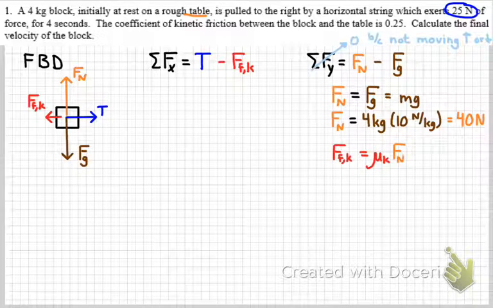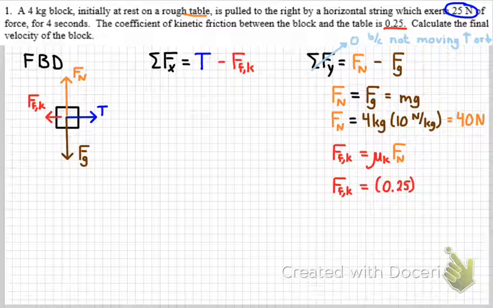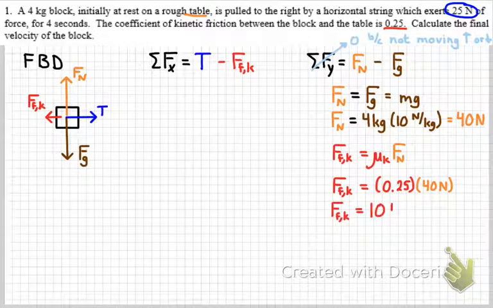That's important because I know that the force of friction is equal to mu, the coefficient of friction, times the normal force. And so multiplying the 0.25 by the normal force of 40 newtons lets me figure out that the frictional force is 10 newtons.